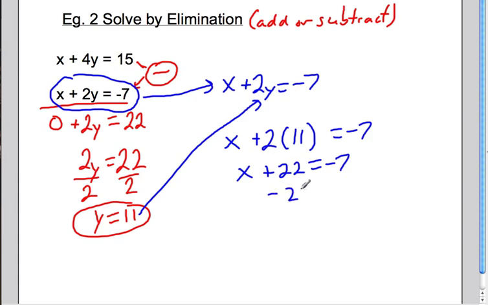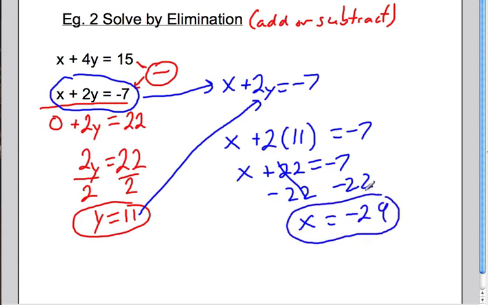And then one final step, we're going to get x equals negative 29. So there is our x value. So the solution is negative 29, 11.